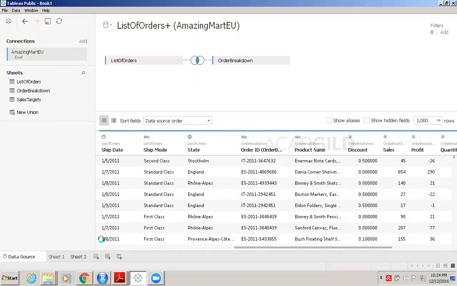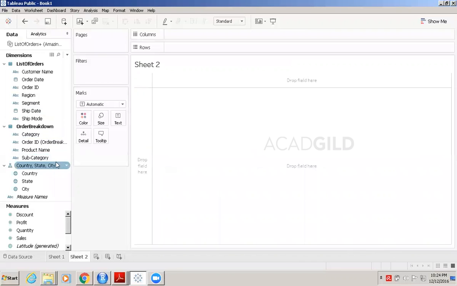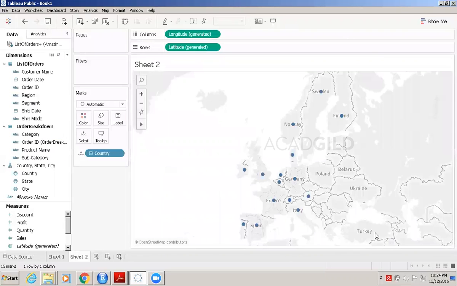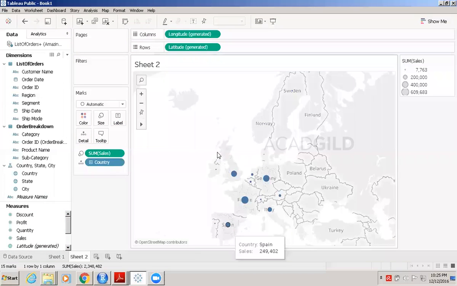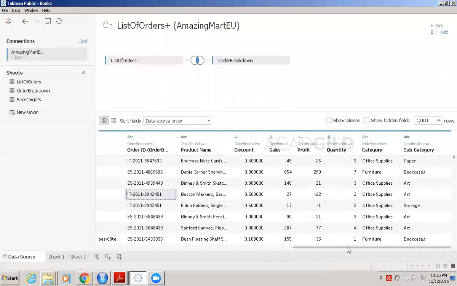Now, what if I can tell you that using this kind of data, I can show you a geographical region in a map form, and then just by dragging the sales into it, I can show you what are the regions which record the highest amount of sales. See, this is more meaningful information compared to what you are able to see on the screen here. Am I right? Okay.